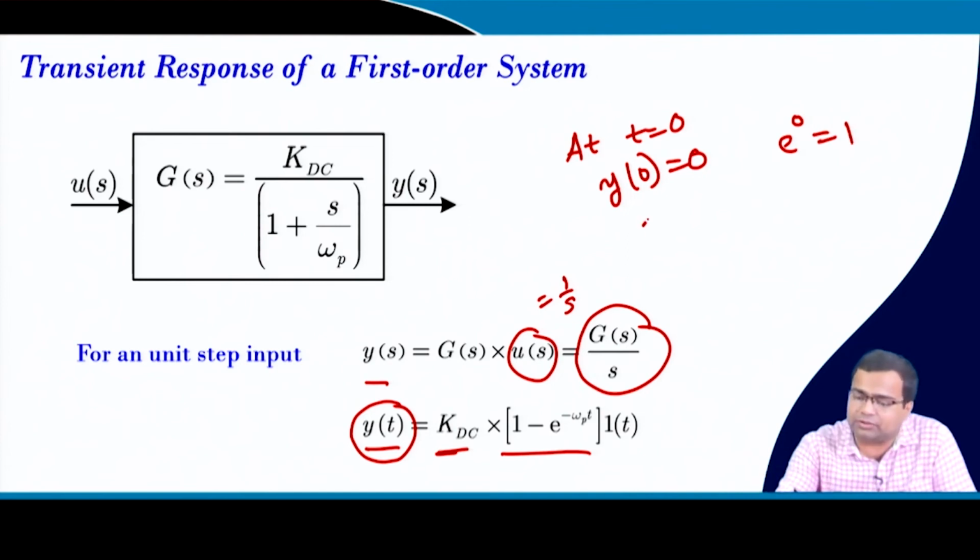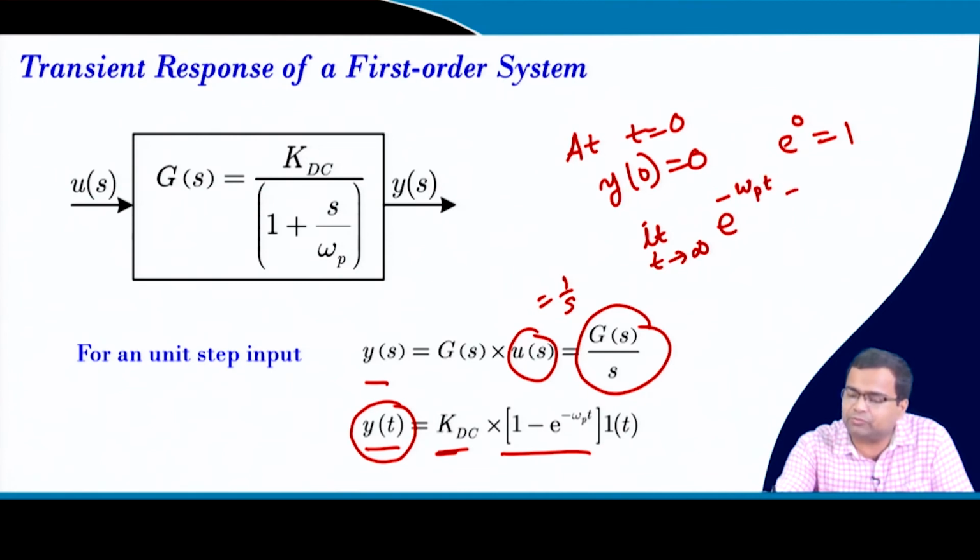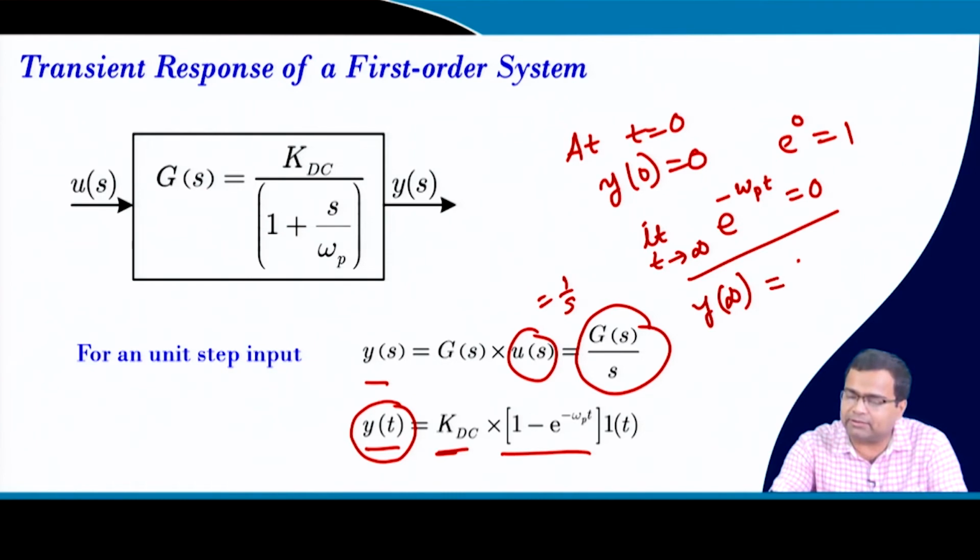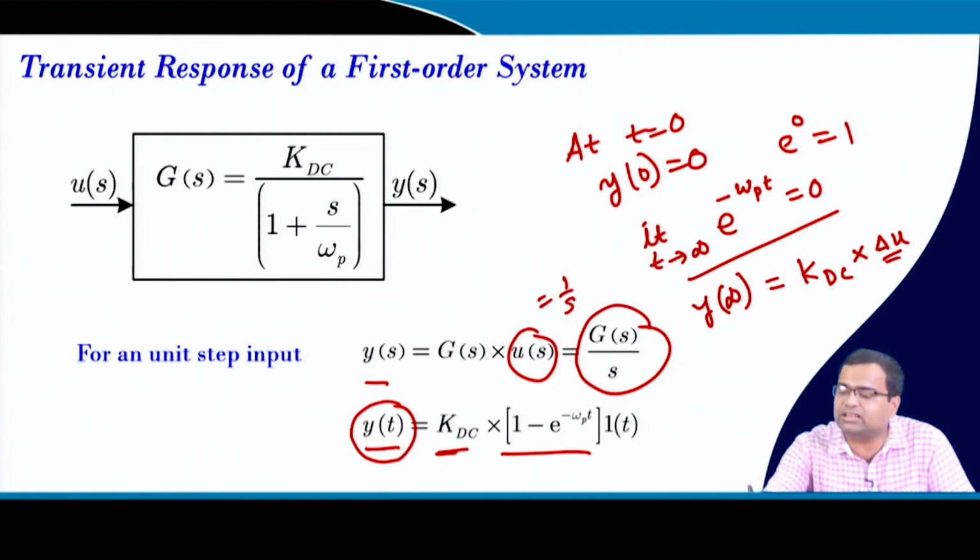For the limit t tends to infinity, e to the power minus omega p t will be 0. Okay. Then what is our final value? Our final value is simply k dc into the input step size.